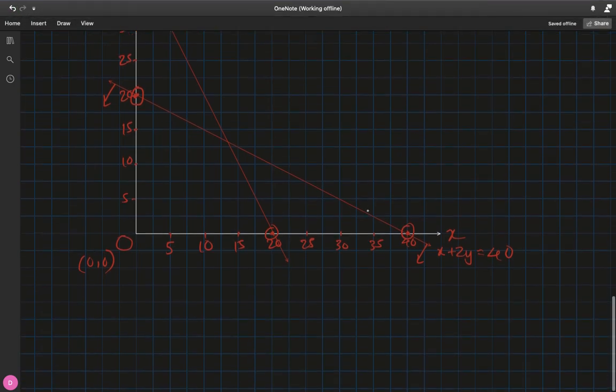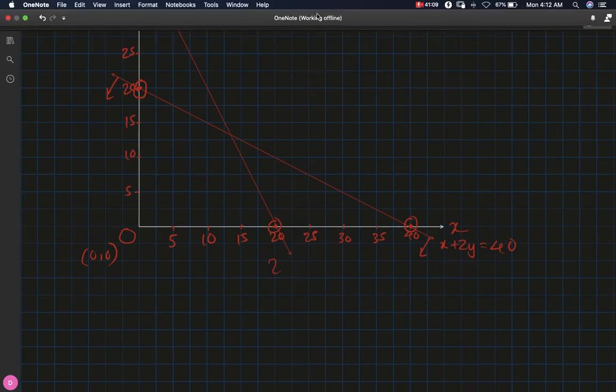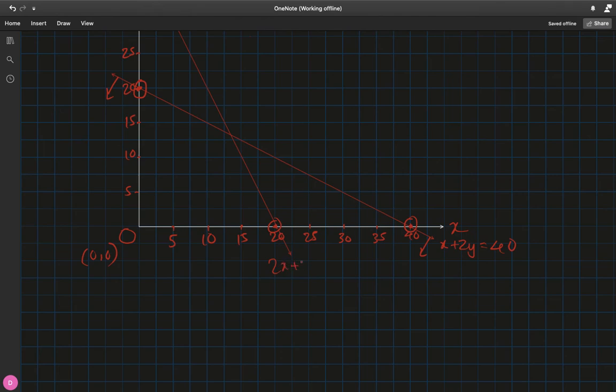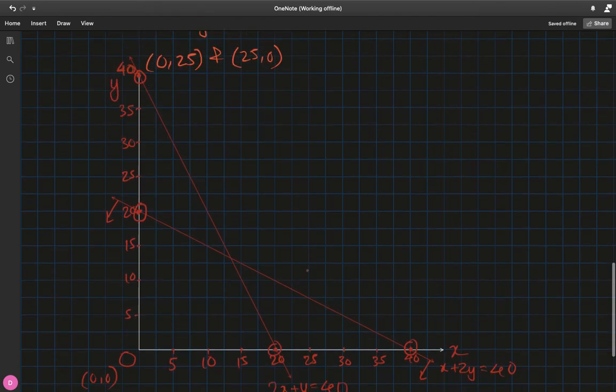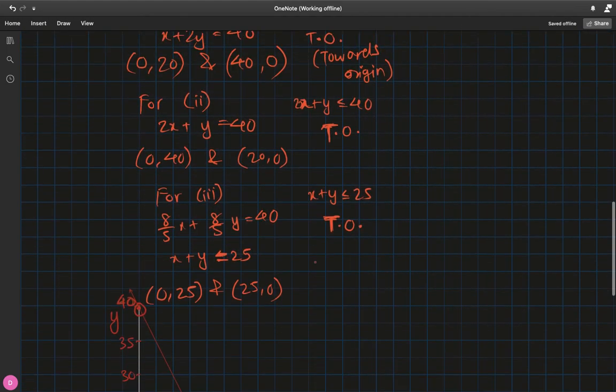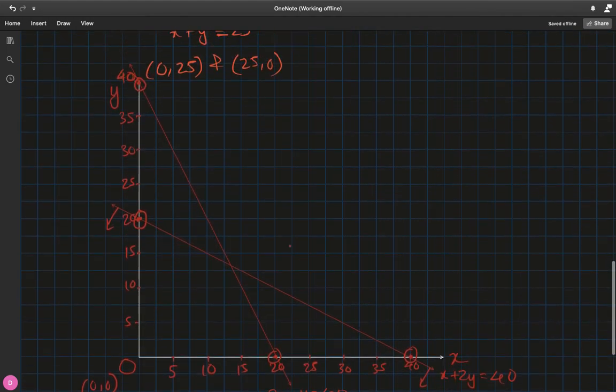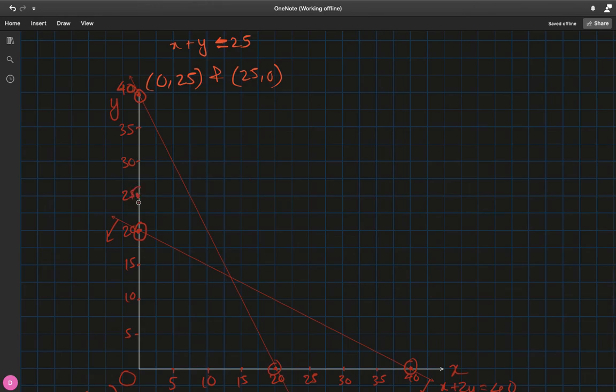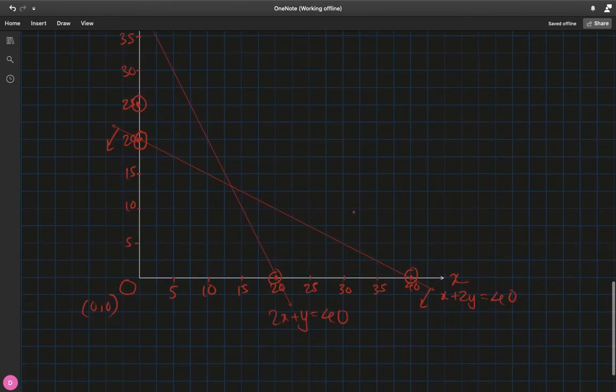Now let's connect them. Okay, and the equation for that was 2x plus y is equal to 40. And then the last points are 0 comma 25, which is this, and 25 comma 0, which is this.